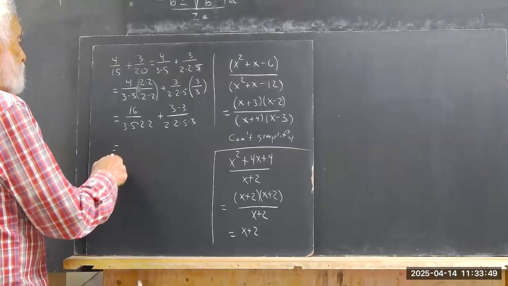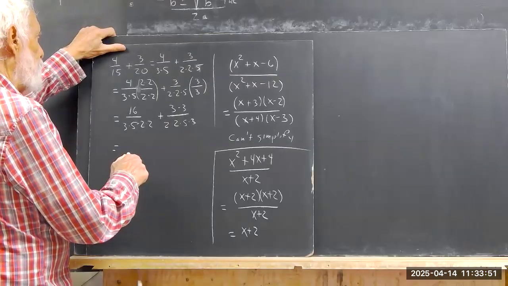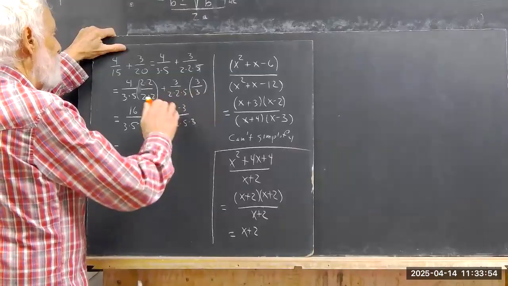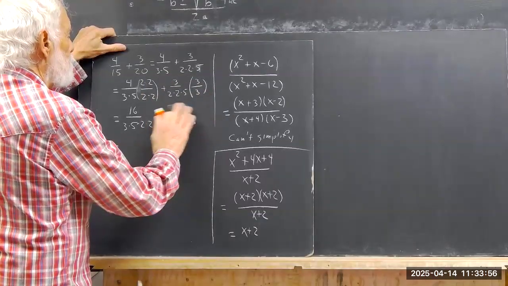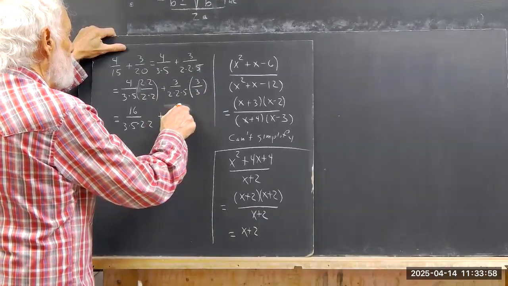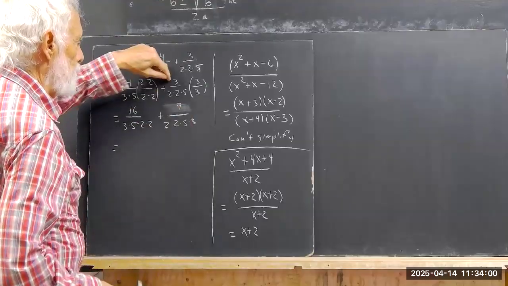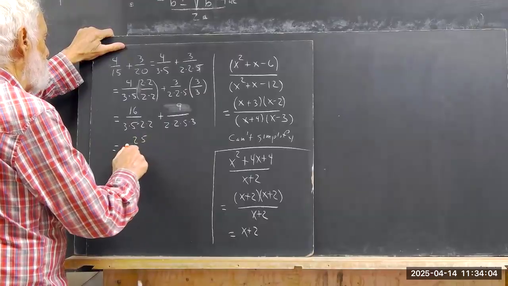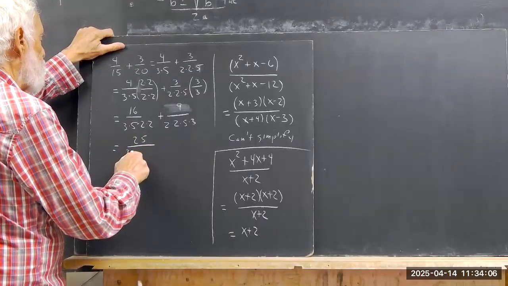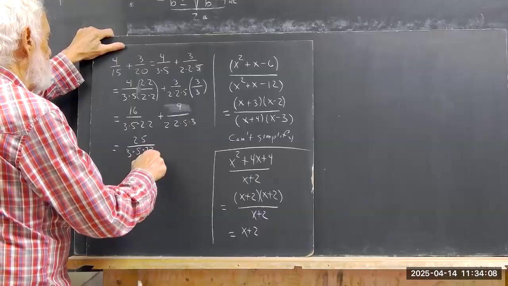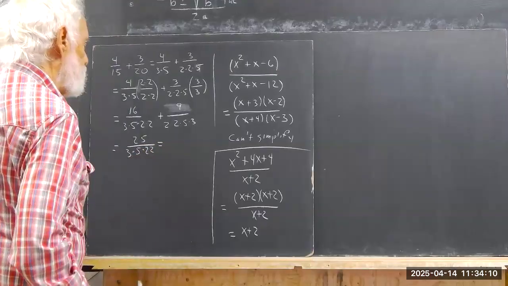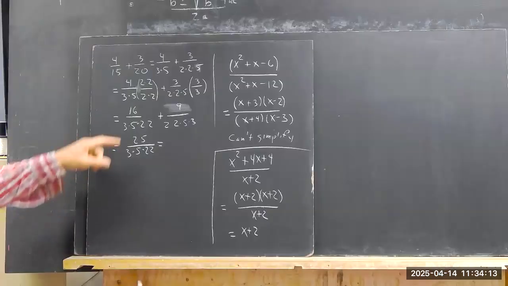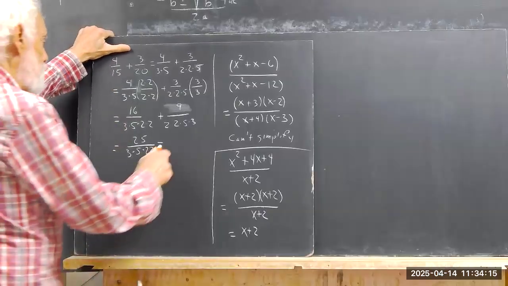All right. Well, then, when I wrote the numerator of the second fraction, it's 3 times 3. I'm going to go ahead and write that as 9 because we know 3 times 3 is 9. This gives us 25 over 3 times 5 times 2 times 2. Now, to complete simplifying this, I'm going to factor 25.